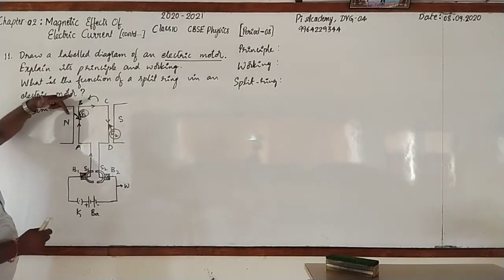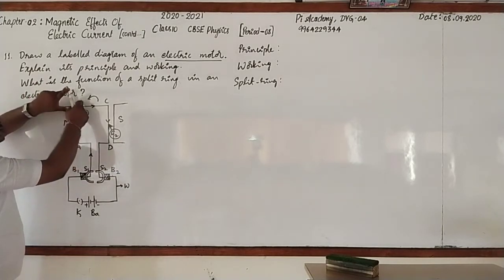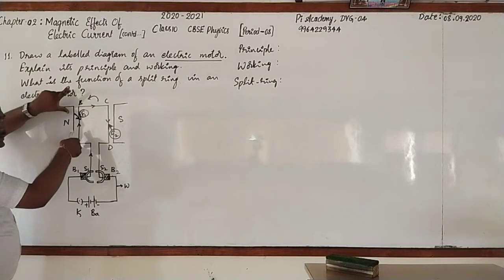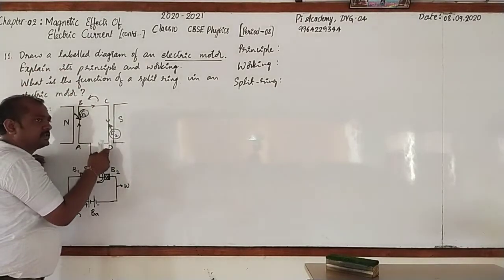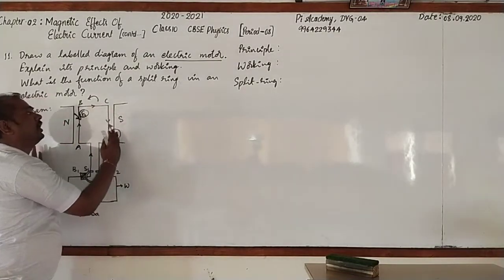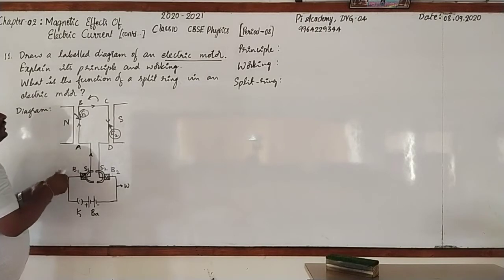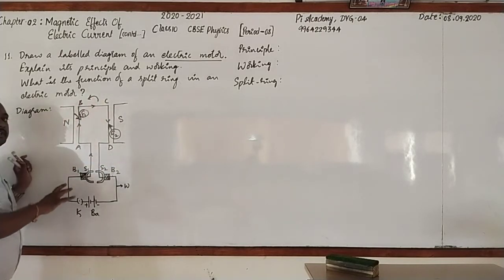According to Fleming's left-hand rule, the mechanical force acts on the side AB in the downward direction, and when the current flows through the arm CD, the mechanical force acts on CD in the upward direction. Then the coil starts rotating in the anti-clockwise direction.